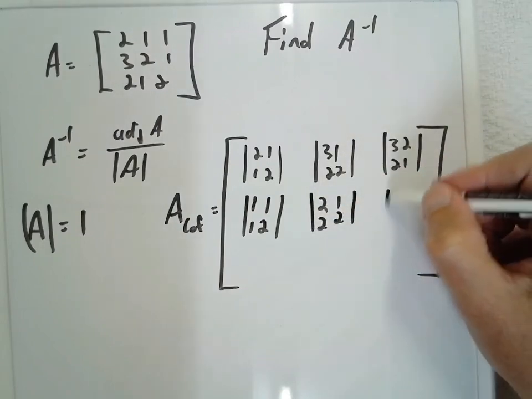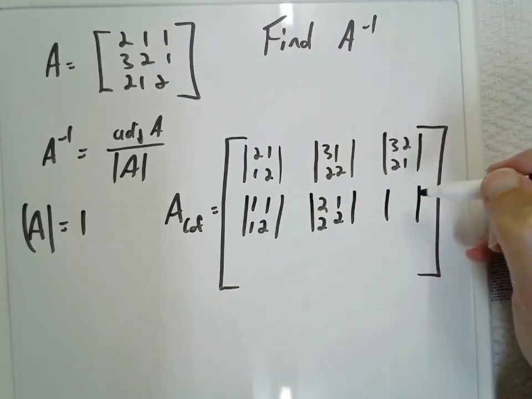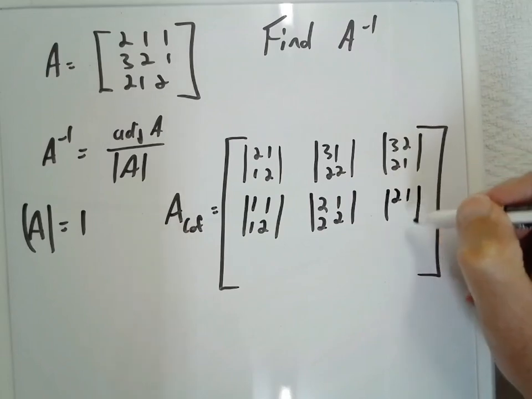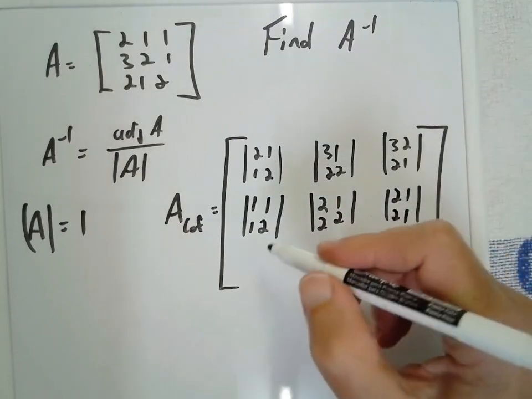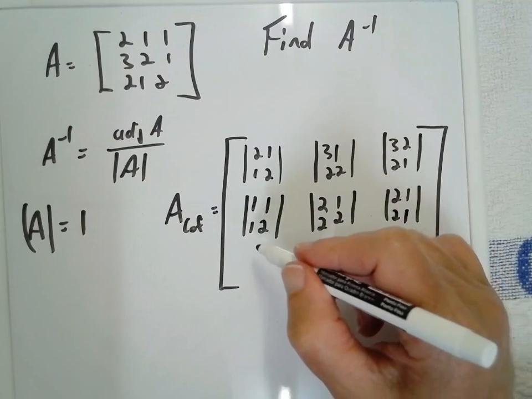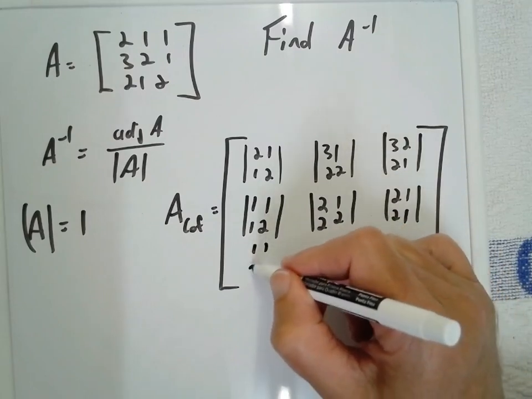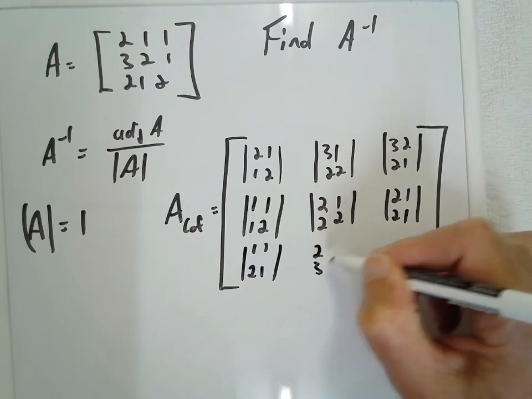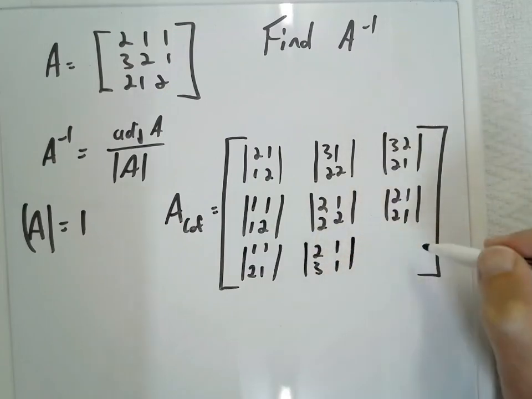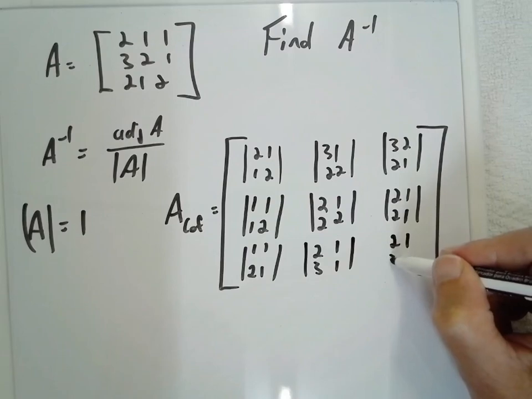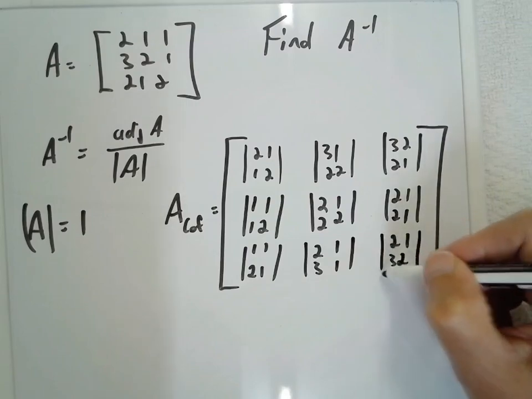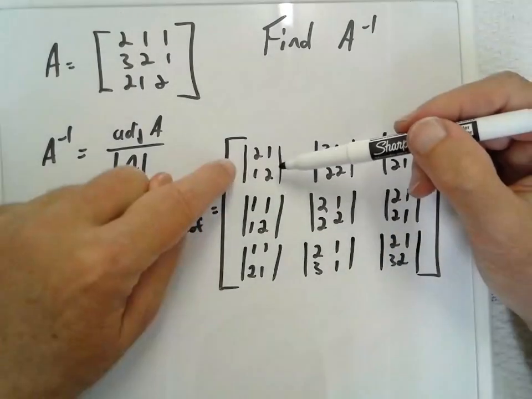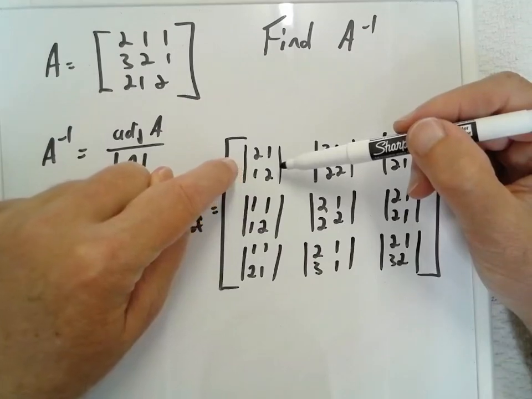You'll notice I'm not concerned about where the negatives are just yet. Row 1, column 1, 1 plus 1 is 2, even, so that's positive.